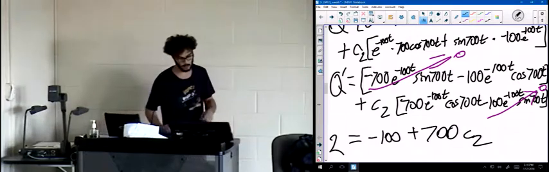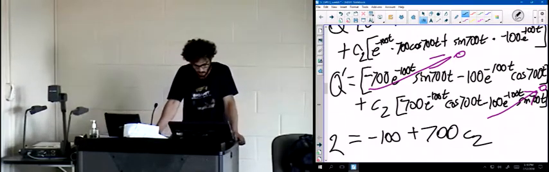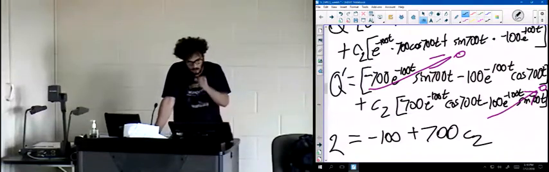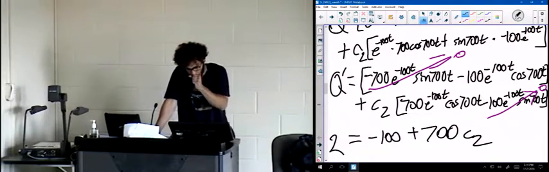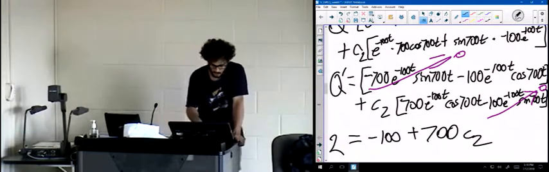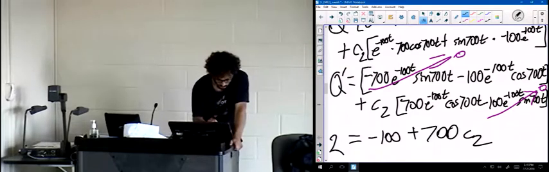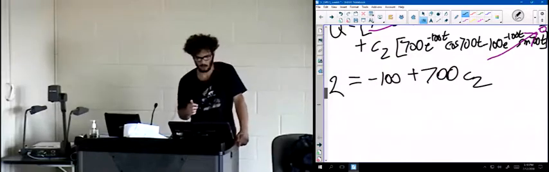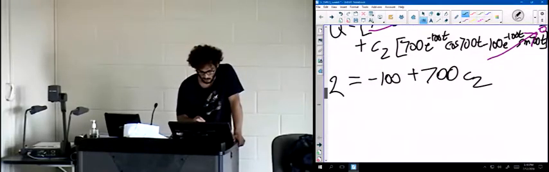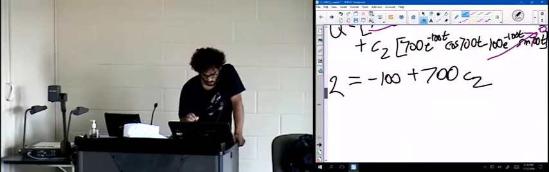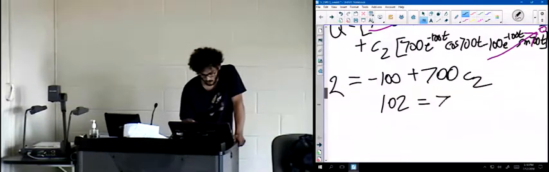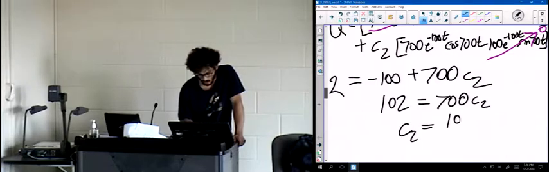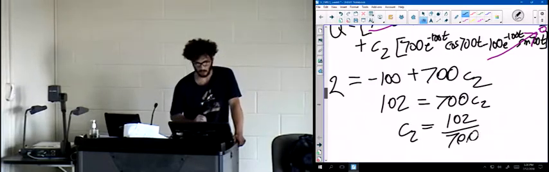So I hope I'm writing somewhat legible for you all to see. And now, all we have to do is solve for C2. So if that's the case, we add 100, it's 102 equals 700 C2, and C2 is 102 over 700.